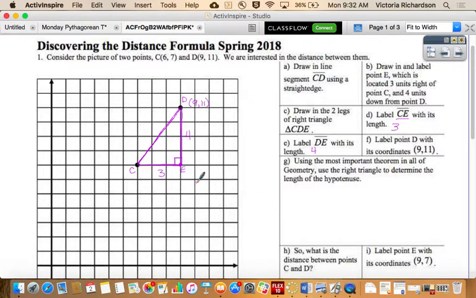Now it says part G, using the most important theorem in all of geometry, use the right triangle to determine the length of the hypotenuse. So if we have 2 sides, we can find the missing side, right? So this is my C, this is my hypotenuse. So we're going to use side squared plus side squared equals hypotenuse squared, or A squared plus B squared equals C squared.